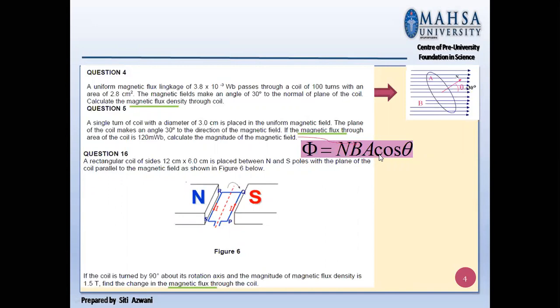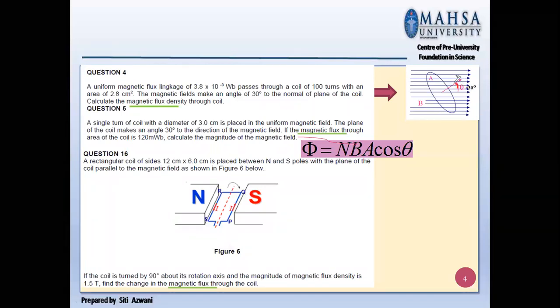Okay, for question 4 here, if you refer to your question, the magnetic field makes an angle 30 degrees to the normal of the plane of the coil. So if you refer to this figure, you have a magnetic field B direction to the right, and then angle 30 degrees to the normal.